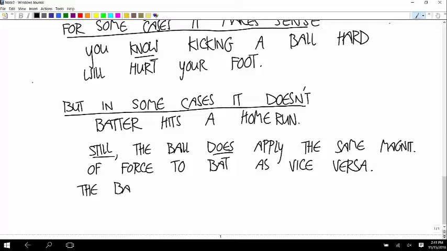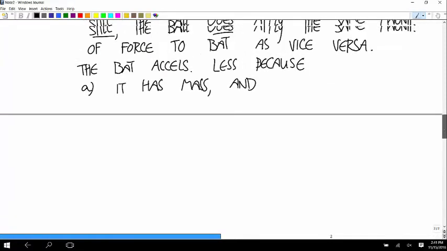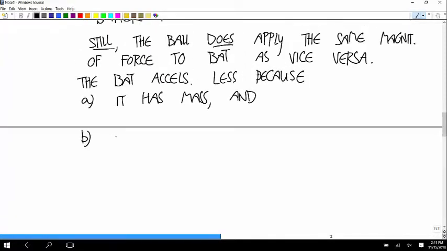The bat accelerates less because A, it has more mass, and B, it's connected to a player that has way more mass.